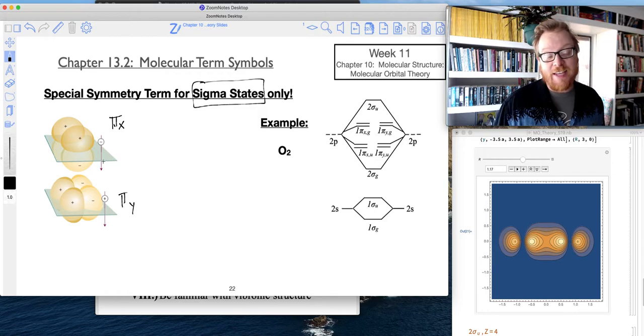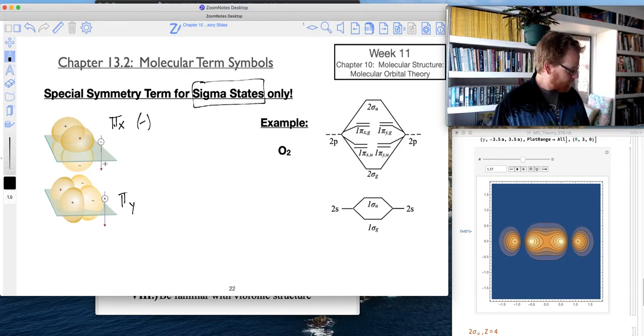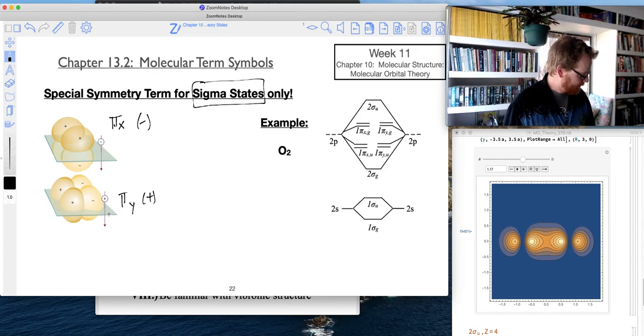We notice that in this reference frame, the pi x has this negative symmetry operation. It's changing signs. Whereas the pi y is this positive symmetry operation. It's not changing signs.